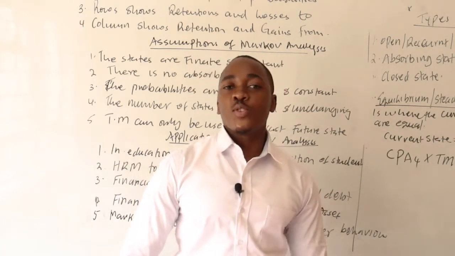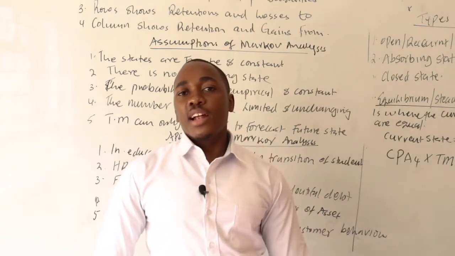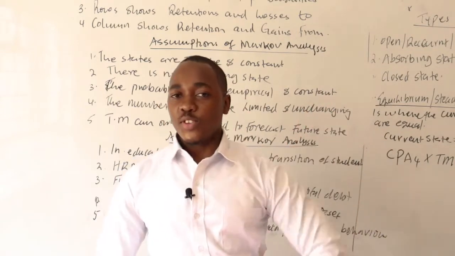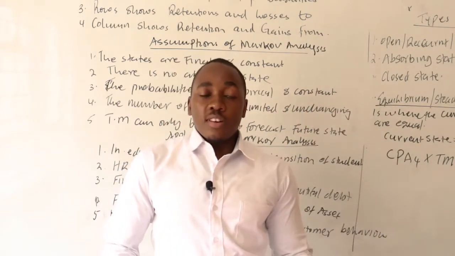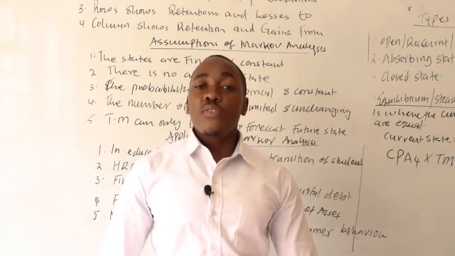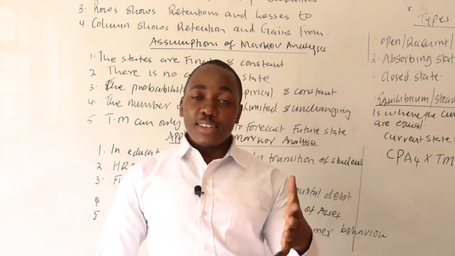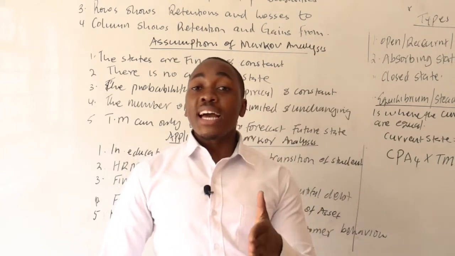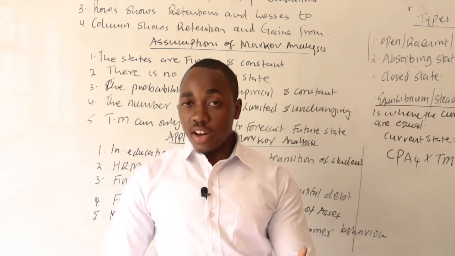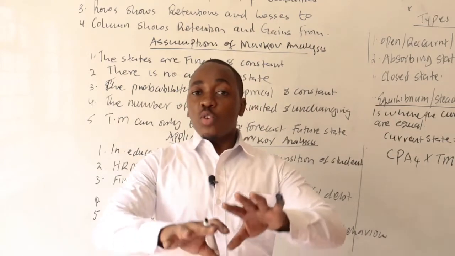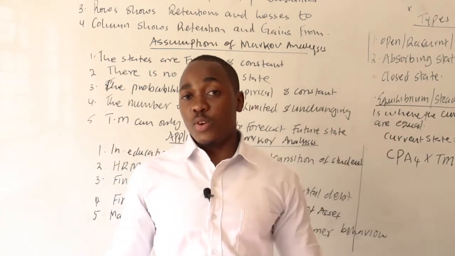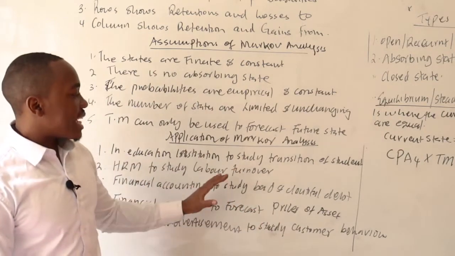They go to another institution, they fail again. After that, they go to another institution so that maybe the other lecturer doesn't know that they failed. So we found that from section 1 to section 6, that student has gone to more than 6 or 7 colleges. We have some students who can give you a history of all the colleges in town. So in that case, we can study the transition.